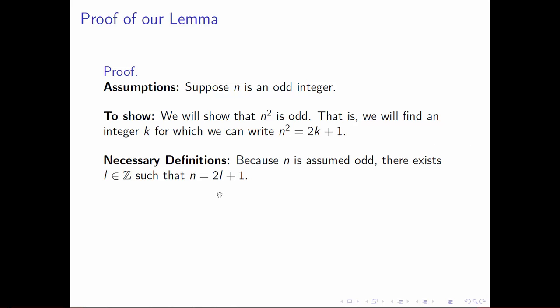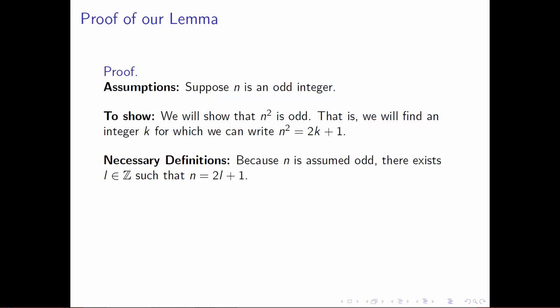When I write n as 2 times an integer plus 1, chances are it's going to be a different integer, not the same integer that I need to write n squared as 2 times an integer plus 1. For example, if my n were 3, 3 can be written as 2 times 1 plus 1, but 3 squared, which is 9, can be written as 2 times 4 plus 1.